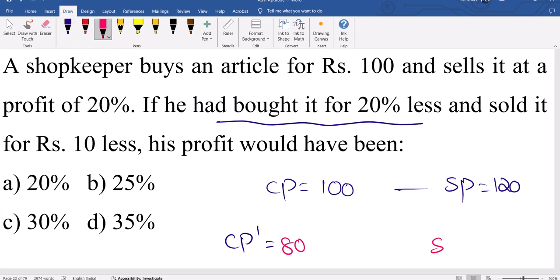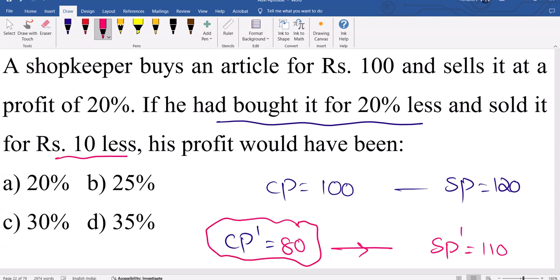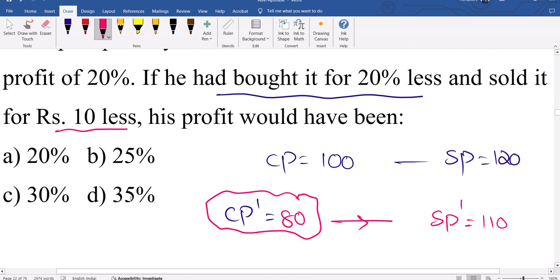Now, new selling price. You sell it for 10 rupees less. New selling price is 110. Now, what is the profit? How much profit? 30. Don't say 30%. 30 with respect to cost price is how much now? 80. Options are wrong here. Okay, its answer is 37.5.